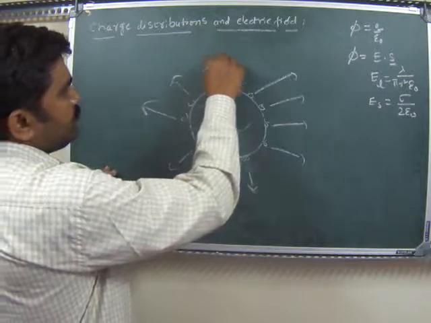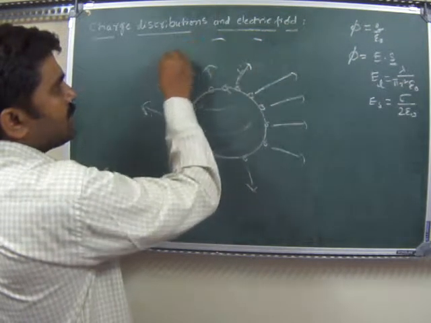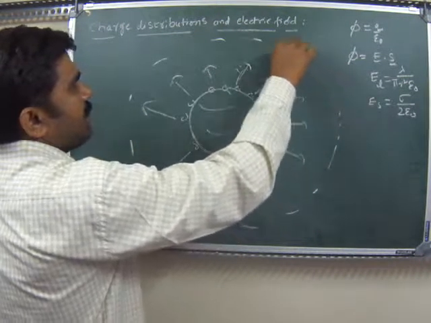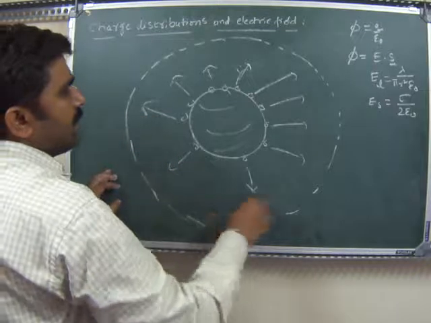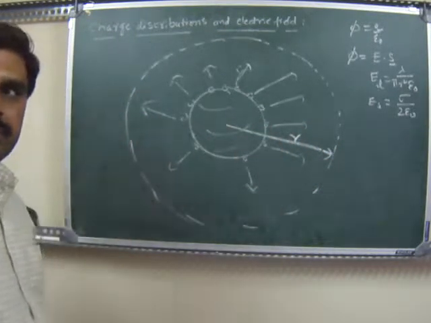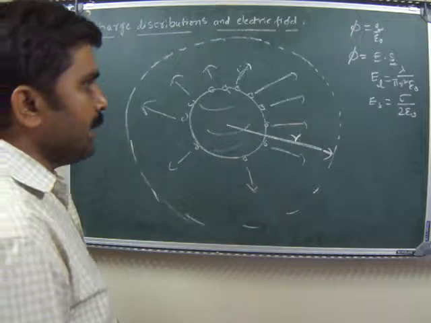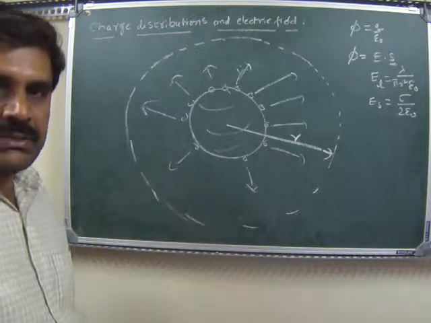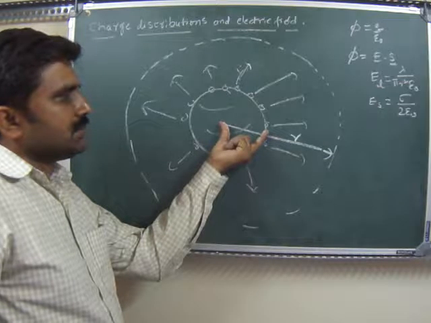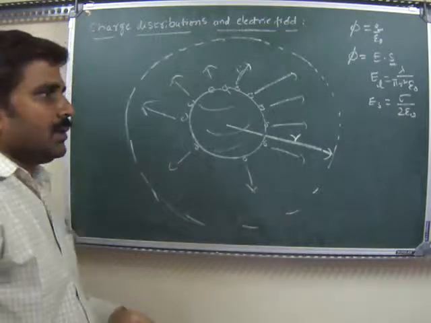So now we are considering a Gaussian surface, like the surface area of this sphere. This is called the Gaussian surface, which is some distance r from the center of that body. So first of all we will consider the surface charge, and we will consider the Gaussian surface.